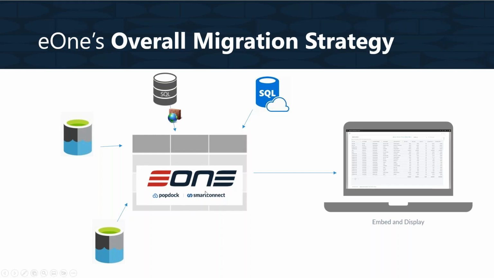It's important to note that we're primarily talking about Popdock today, but Smart Connect can be at play, because Smart Connect is a tool that focuses more on moving data between systems. One of the key things with a migration, if you're moving to NetSuite from SL, is that you may need to move the accounts, customers, vendors, employees, and some of those master records.